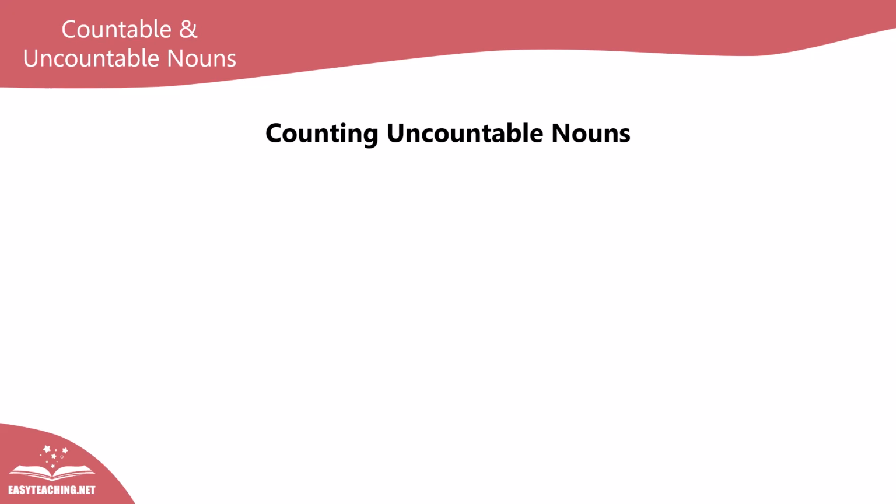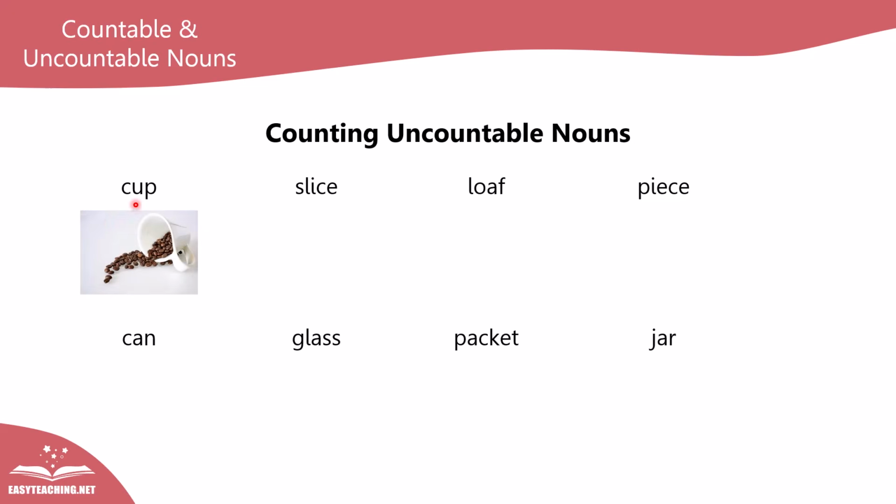As mentioned earlier in the lesson, we can count uncountable nouns by using words that show an amount, like these. Let's go through each of these words. Cup. A cup is a small container used for drinks like tea or coffee. Slice. This means a thin piece of something.